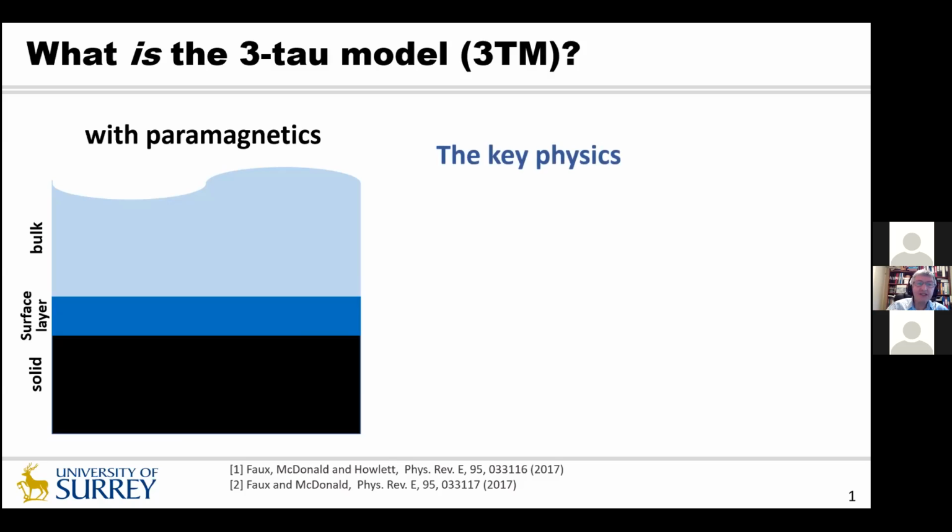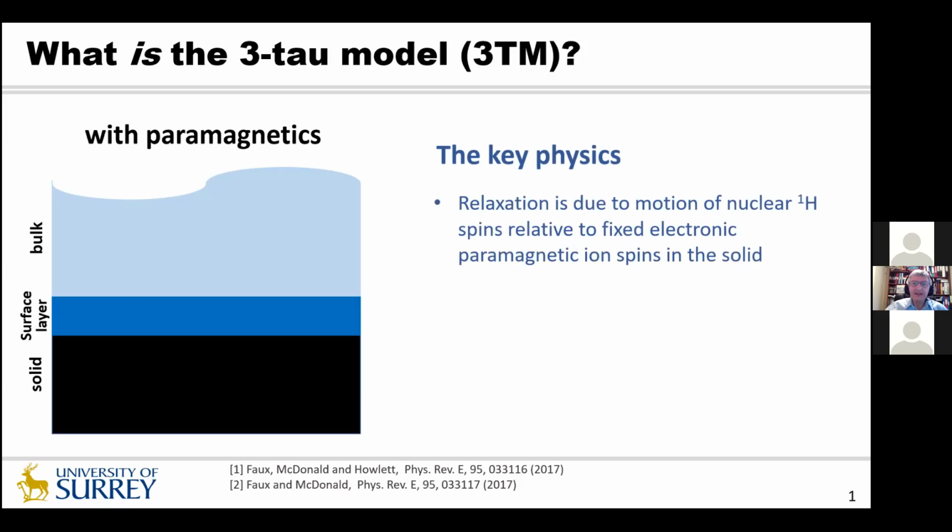So the key physics is as follows. First of all, the relaxation rates that are generated are associated with the motion of the nuclear spin, so these are the proton spins of the water, relative to the fixed electronic paramagnetic spins which are in the solid.